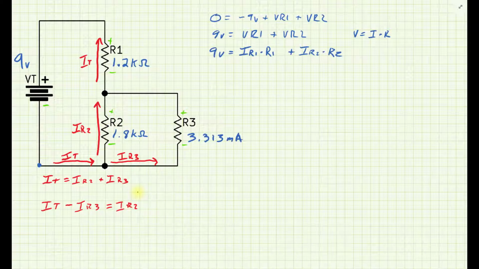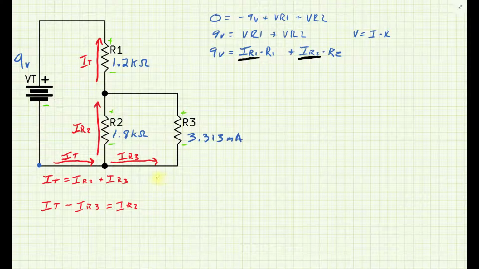Now if you're wondering, like, why am I doing this? How am I thinking about this? Well, if I come over to my equation here, I know 9 volts, I know R1's given, and I know R2. I'm just focusing on what I don't know. I've got two things that I don't really know the value of: IR1 and IR2, but I have identified some relationships here.